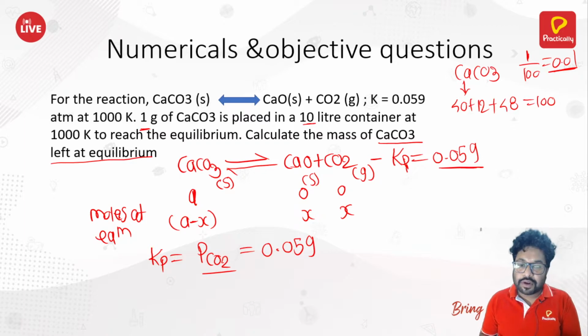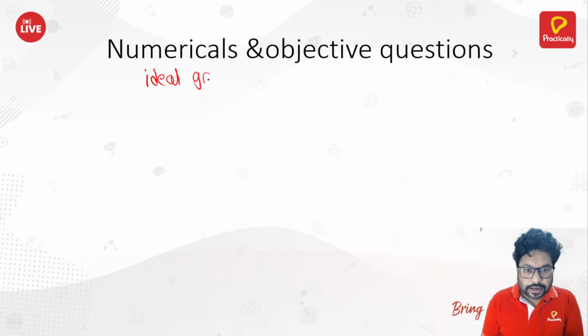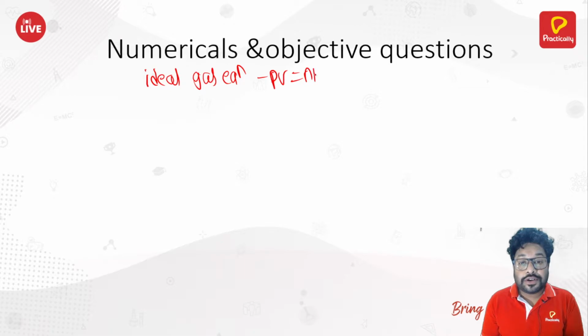So what can you get from there? You can get the X. Basically you can get the number of moles of CO2, right? Now as per the ideal gas equation, what is it? It's PV is equal to nRT, right? Therefore your n is equal to PV by RT.